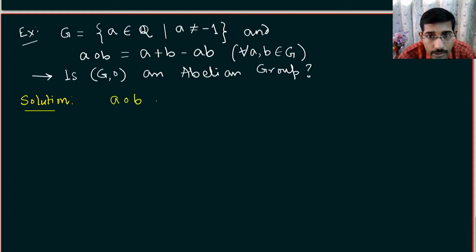Therefore AOB must belong to Q. And since none of these are -1, can you produce two numbers as -1? Just check it. Then I will say that the closure property holds.